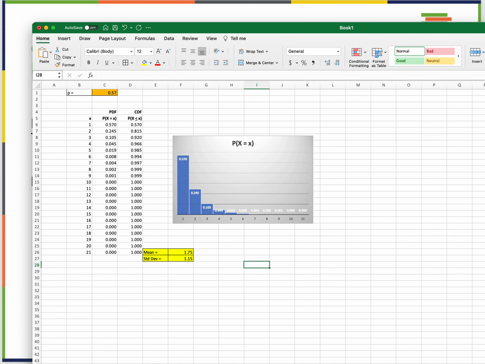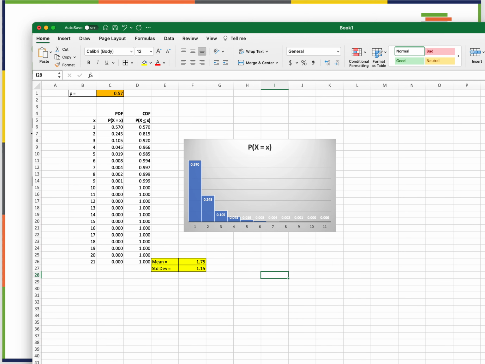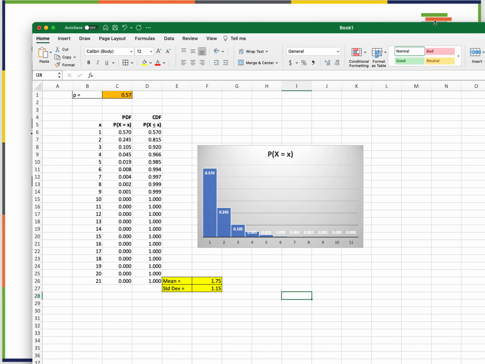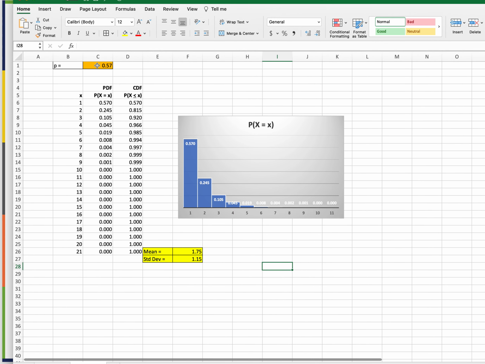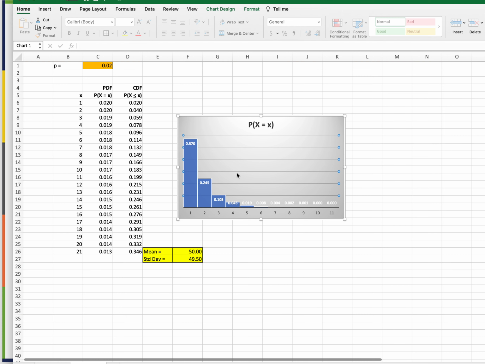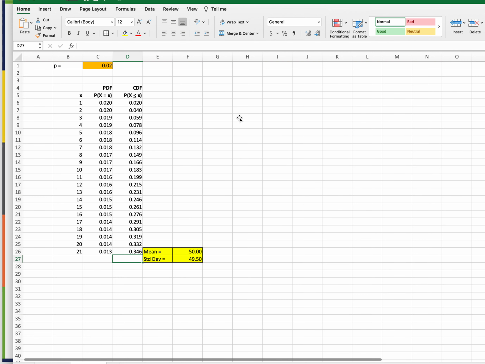Now what changed here? Well, in this problem, the only thing that changed, the only parameter, is this is now going to be 0.02. And what do you think this is going to do when I hit 0.02? Well, I probably have to draw another graph. So, first of all, because this graph is picking up on the other graph, the graph didn't change, but look what happened to my probabilities. 0.02, 0.02.